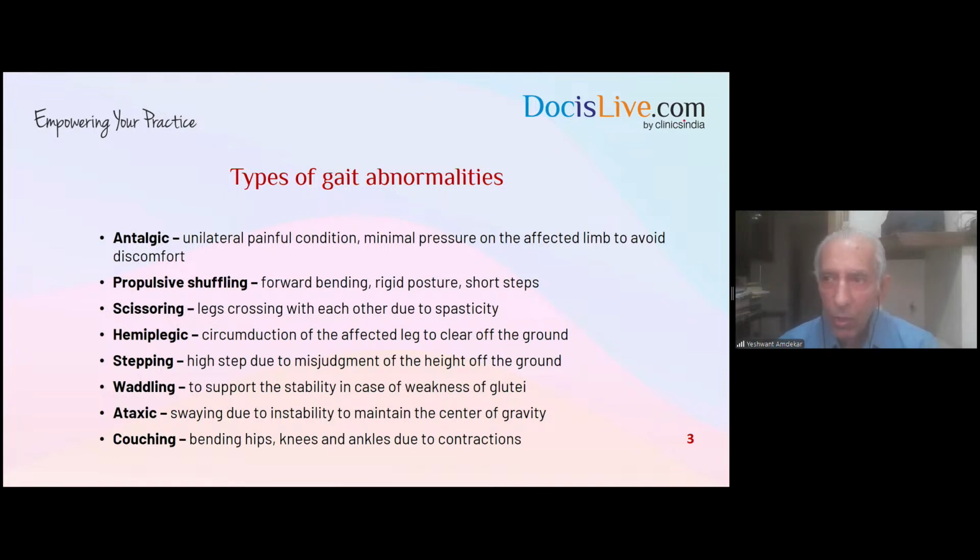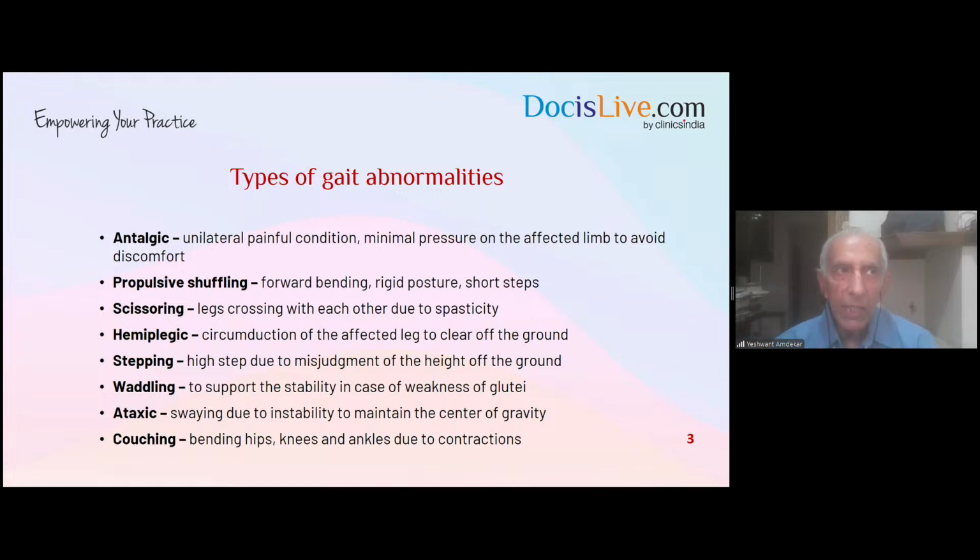Therefore, when he walks, the affected limb takes a very small lift and a very small pressure to avoid the discomfort. You can make out closely which part of the limb is affected by looking at it. This is one common reason for a limping gait, and it is due to pain.